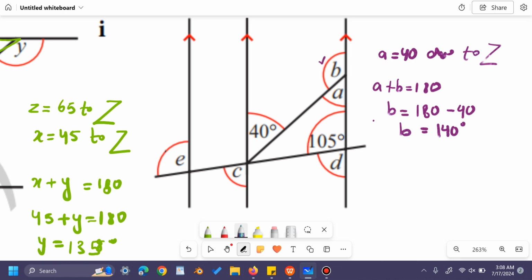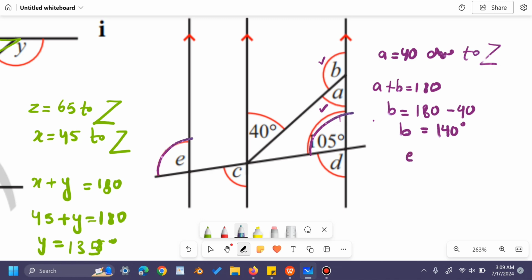This is found as well. Can we find C? Can we find this angle over here? Yeah, surely we can. Look at this. That E is going to be 105 because they are corresponding angles. बेशक एक पेयर बीच में मिसिंग है बट ये वाली इससे पैरेलल है, ये वाली लाइन इससे पैरेलल है, तो कोई भी कॉरेस्पॉन्डिंग एंगल होगा वो एक दूसरे के कॉरेस्पॉन्डिंग ही रहेंगे.